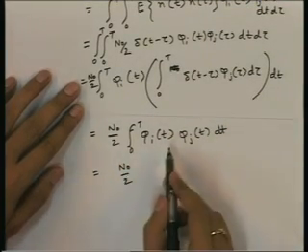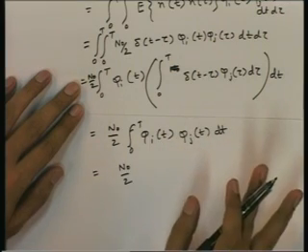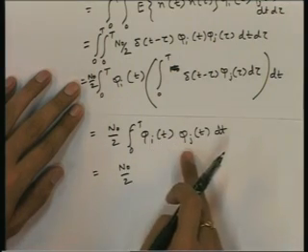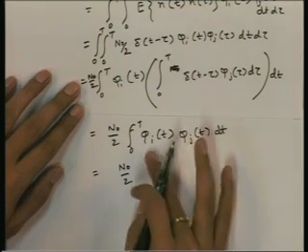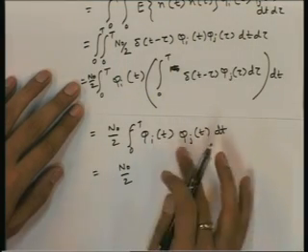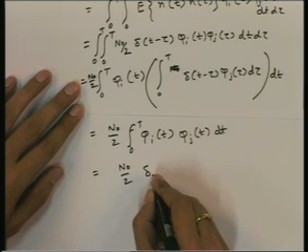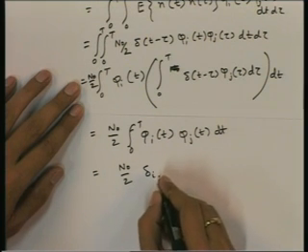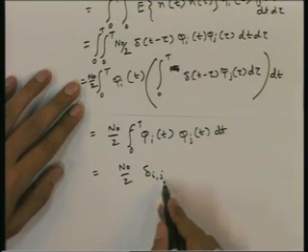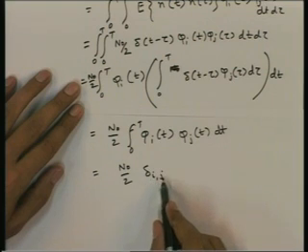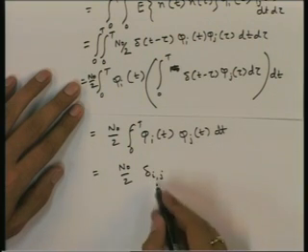And what is this integration? We know that these functions are orthonormal. So, if i is equal to j, this integration is 1. If they are not equal, then the integration is 0. In other words, this is the Kronecker delta. If i is equal to j, this delta is 1. If i is not equal to j, this delta is 0. This is called the Kronecker delta function.